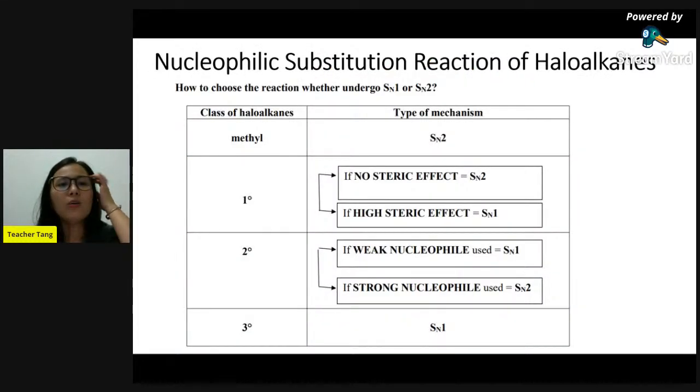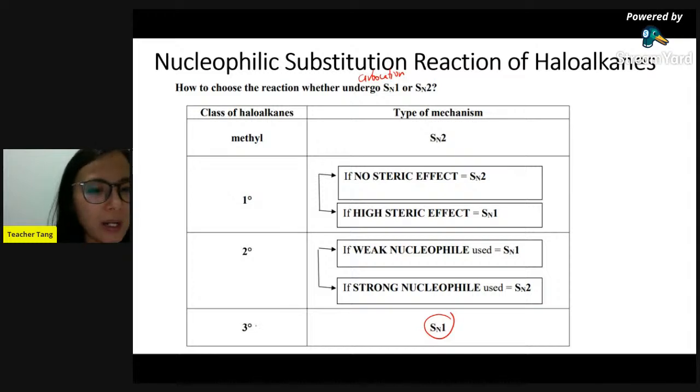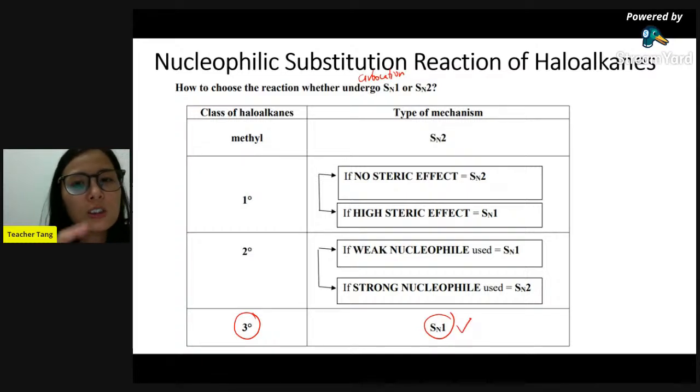So how do we choose whether a particular haloalkane is going to undergo SN1 or SN2? Remember, SN1 will form a carbocation intermediate. So which class of haloalkane will give the most stable carbocation intermediate? It's tertiary haloalkane. Therefore, tertiary haloalkane will definitely undergo nucleophilic substitution through the SN1 reaction mechanism.